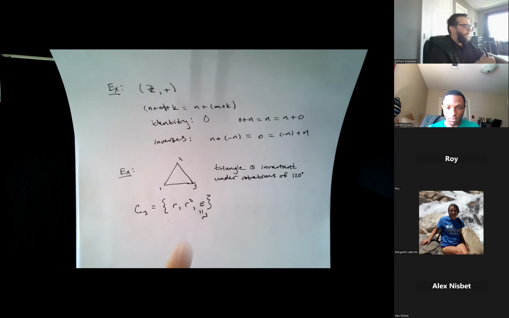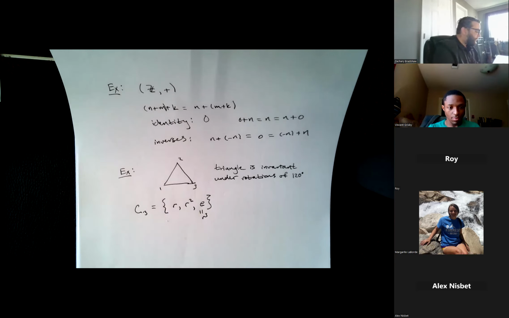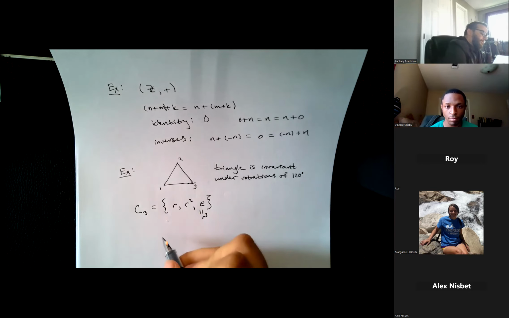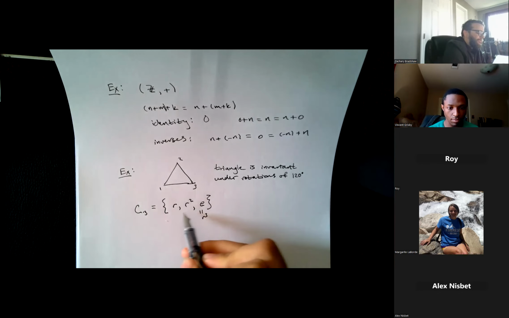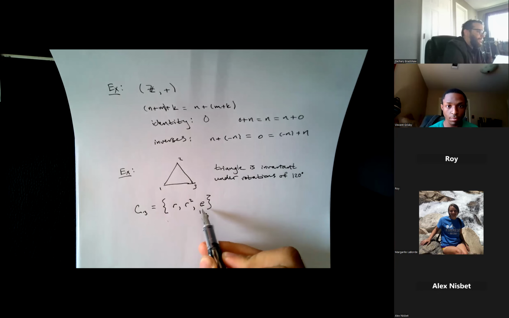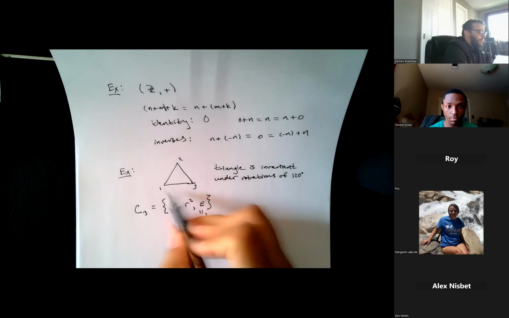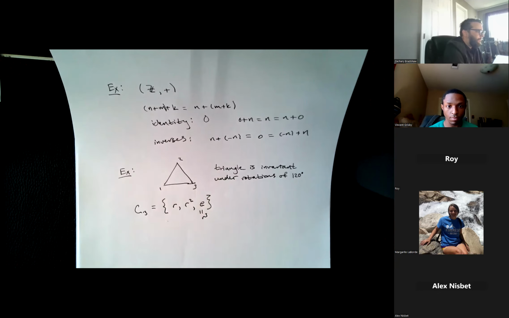Multiplication of R with itself a number of times, with the caveat that R cubed is always equal to the identity. So let's check that this thing is a group. So we have that the binary operation is either multiplication with the understanding that R cubed is the identity, or just the rotations in the picture here, whichever you prefer.